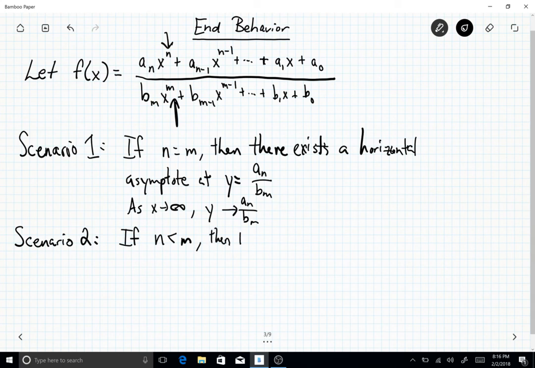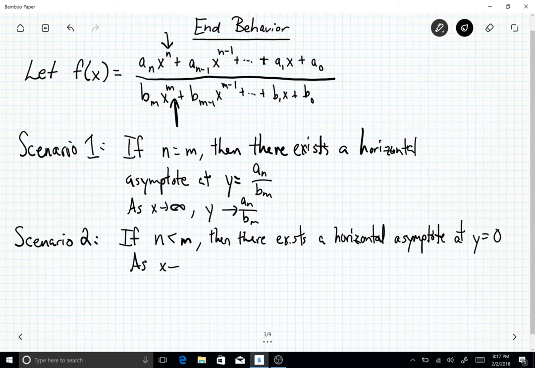Then there exists a horizontal asymptote at y equals 0. In other words, as x goes to infinity, or once again negative infinity, y goes to 0.